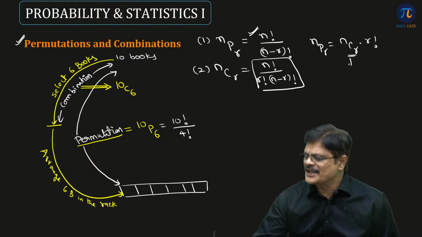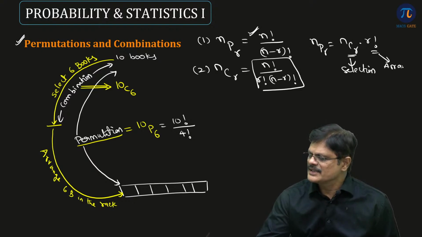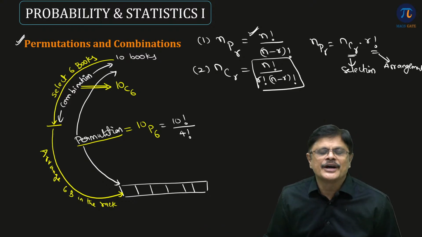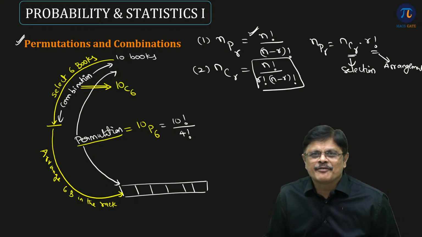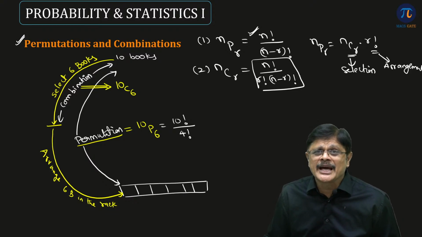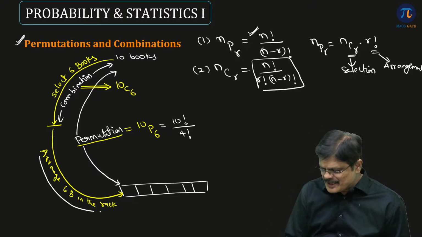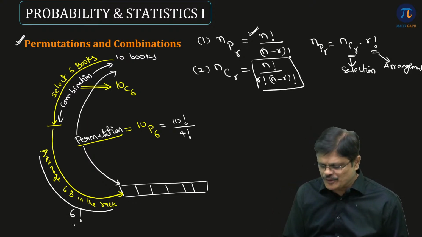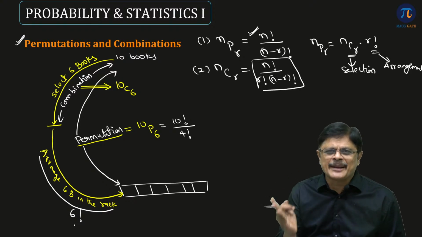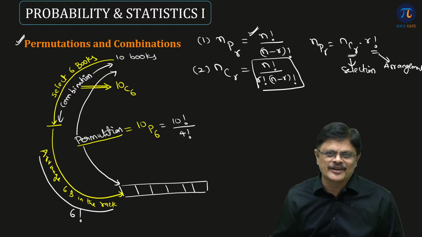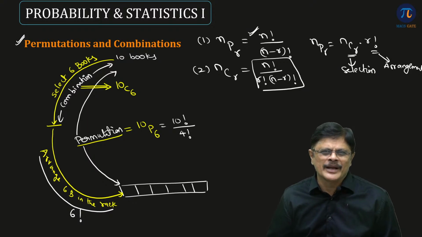So here it is selection followed by arrangement. That is your permutation formula: nPr means selection followed by arrangement. The arrangement of 6 books is nothing but 6 factorial ways. 6 books can be arranged in 6 places in 6 factorial ways. So those are the basic formulae, my dear friends.